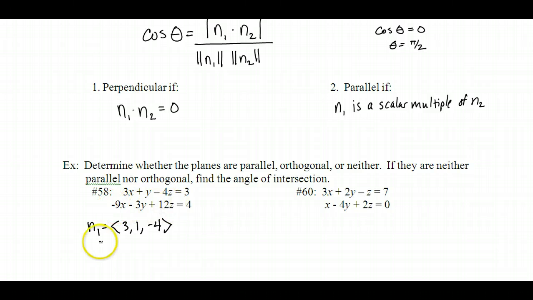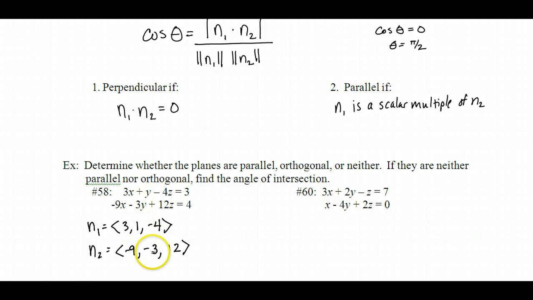If we look at the second plane, n sub 2, the directional vector is negative 9, negative 3, positive 12. And obviously, comparing these two things, you should always check to see if they're parallel first. So how do we go from 3 to a negative 9? Multiplied by negative 3.